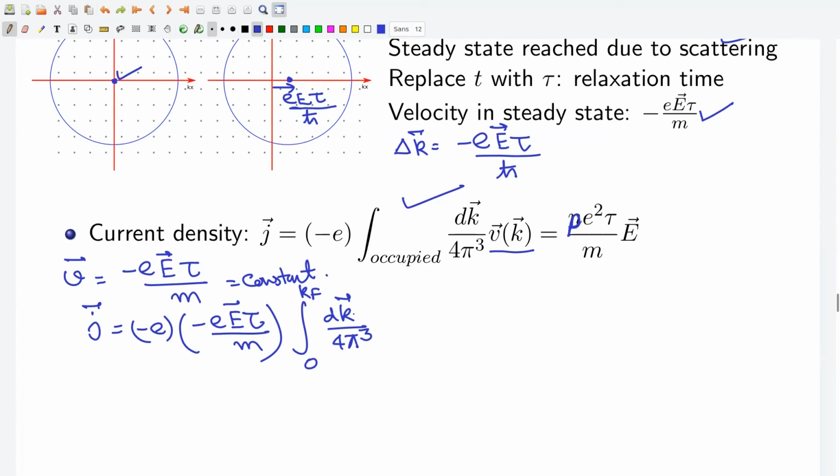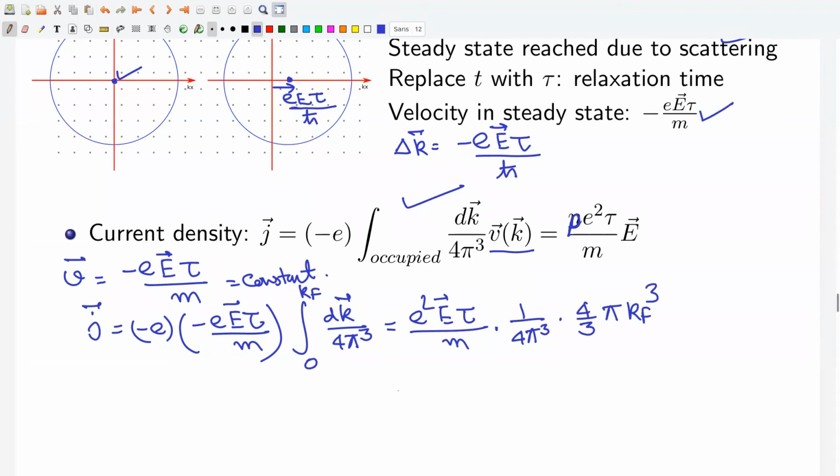Integral 0 to kf dk must be equal to the volume of a sphere of radius kf in k space, such that we can write j as e squared times electric field times tau divided by m into 1 by 4 pi cubed into volume of the sphere with radius kf.